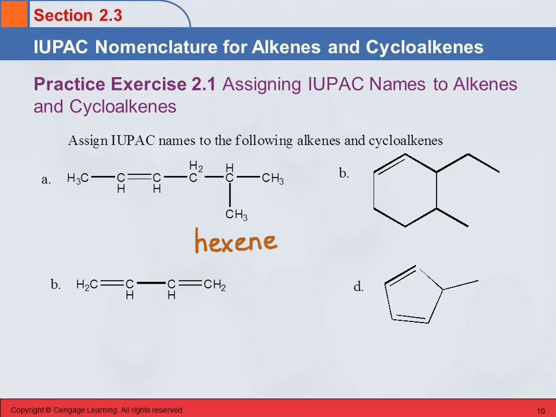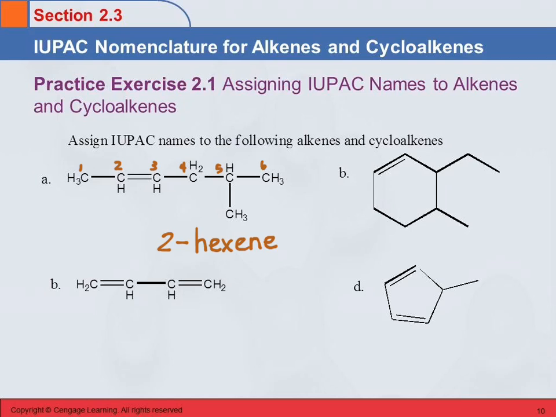So we're going to number this from left to right: 1, 2, 3, 4, 5, 6. The double bond starts on carbon 2 and goes to carbon 3. We always give the number that it starts on. So this is 2-hexene. The 2 tells us where the double bond is, and ene tells us there's a double bond.